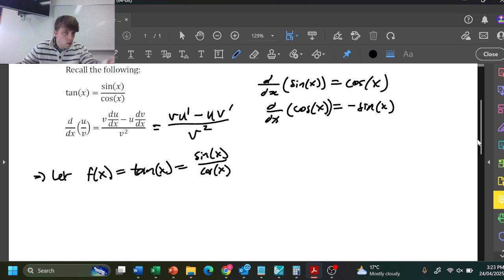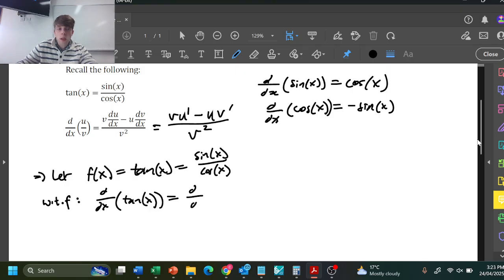We've learnt this in class, and you should be familiar with this identity by now. So if we accept that tan is equal to sine divided by cosine x, and we want to find the derivative of tan x, this is just going to be equal to the derivative of sine x divided by cosine x, because tan x is sine divided by cosine, right?